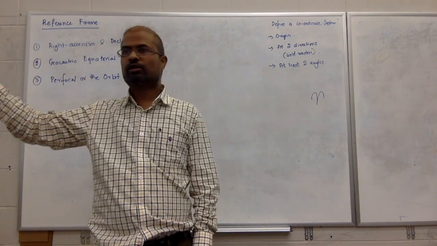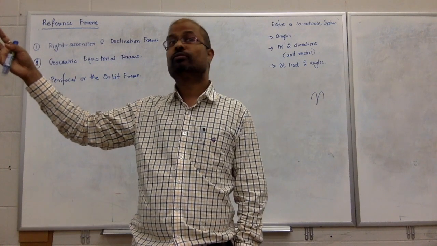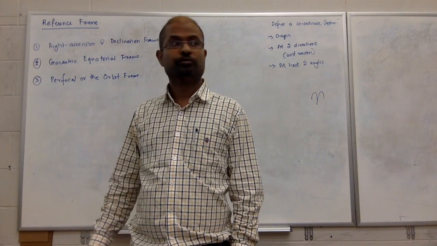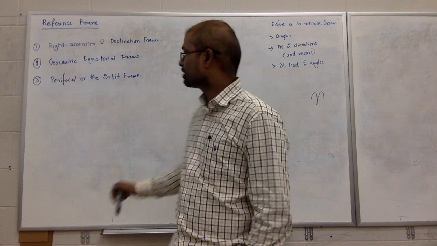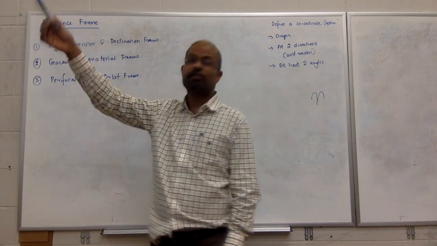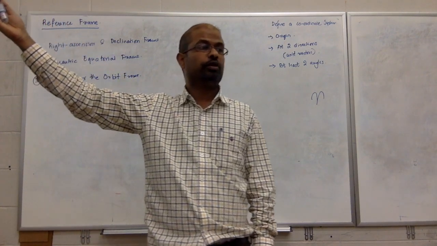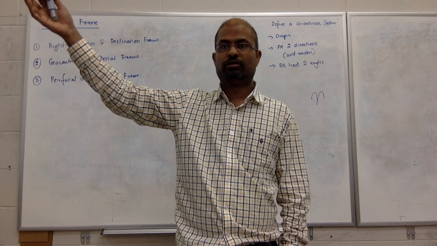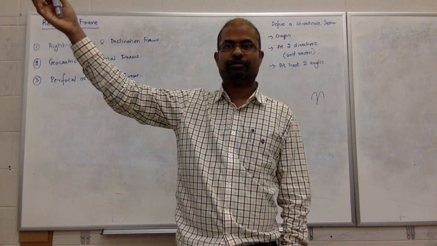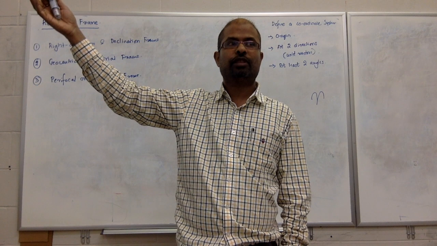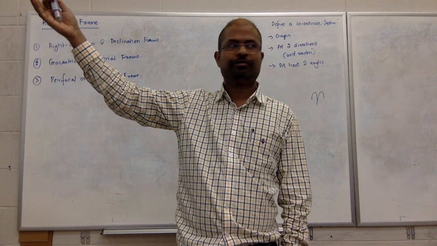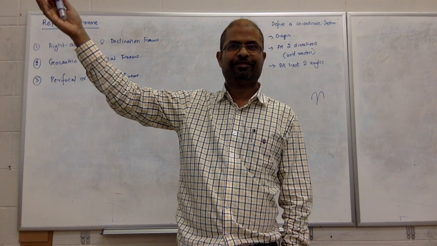This is what coordinate system? Right ascension and declination. Yes, so it is a reference frame, of course, but what coordinate system? What is the basic coordinate system you have studied which applies here? Cartesian? No, this is not Cartesian.